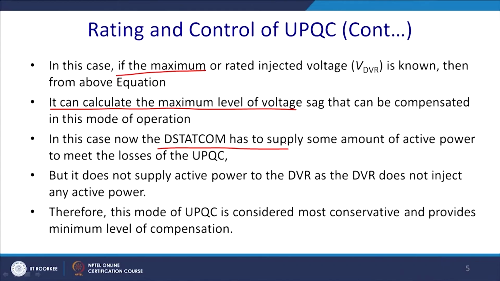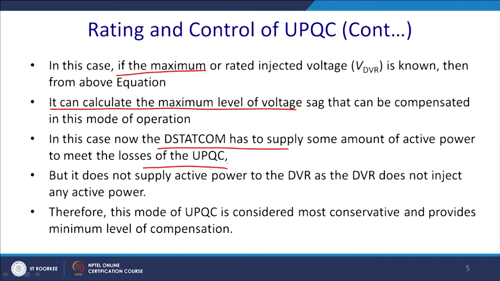So, it has a limited capability to correct the voltage sag, and in this case the D STATCOM has to supply some amount of active power to meet the losses of the UPQC. So, it has to consume a little bit of active power for switching and other losses.